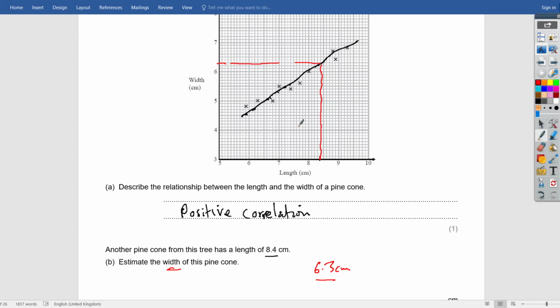Okay, that sounds straightforward. The best thing is to first describe the relationship, then draw a line of best fit and use our line of best fit to estimate any given values that we don't have on this scatter diagram.